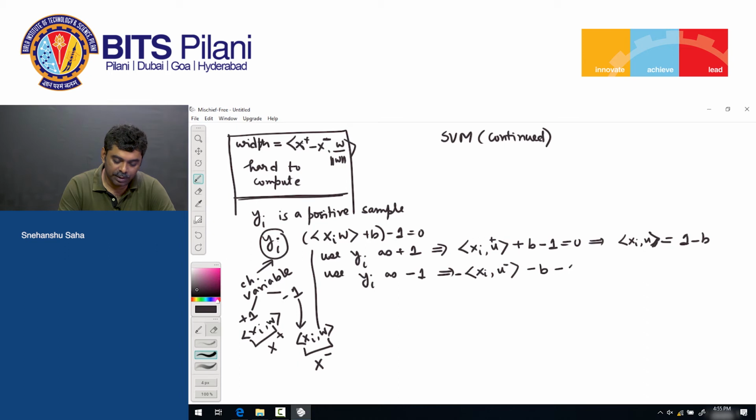Minus b minus 1 equal to 0. And what that implies, if I transpose this to the other side, is xi·u, being a general representation of both positive and negative training examples, will be 1 plus b.